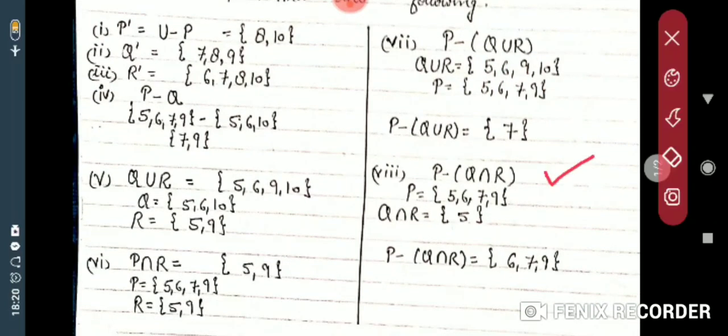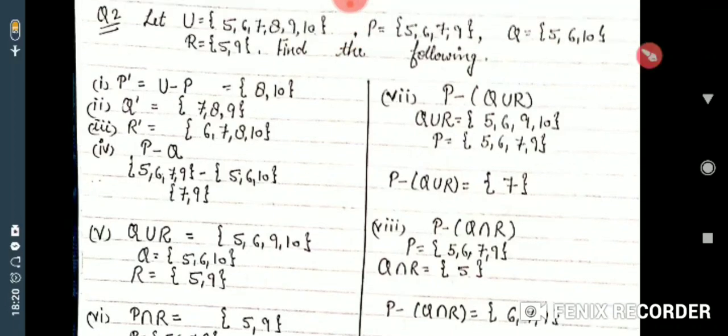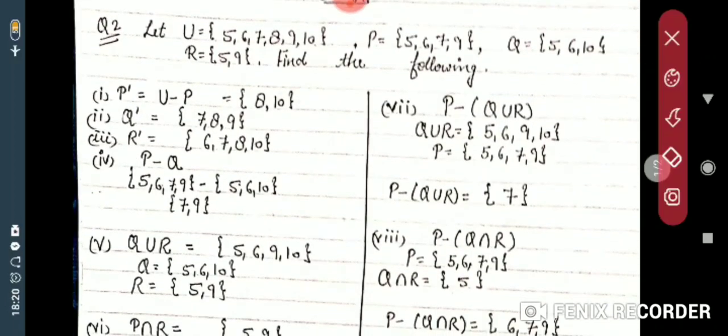P minus Q intersection R. Q intersection R means the common element of Q and R. So what is the common element of Q and R? Just see 5. Yes or no? 5 is present in Q as well as in R. So Q intersection R is 5 and the elements of P are 5, 6, 7 and 9.